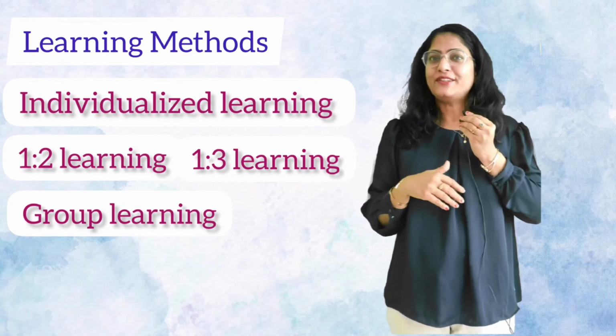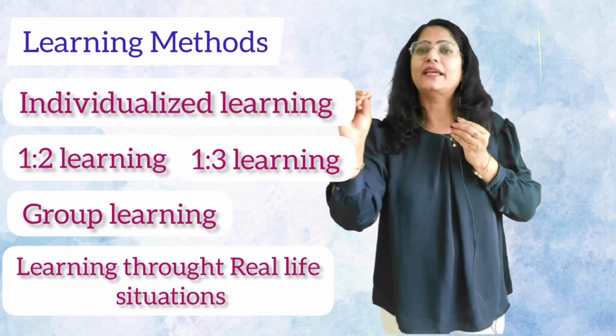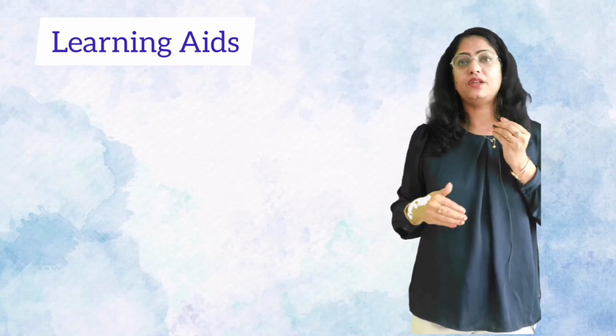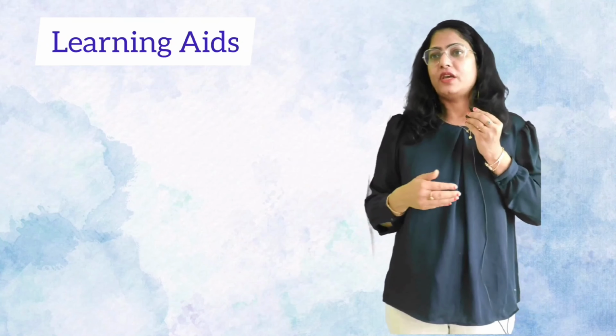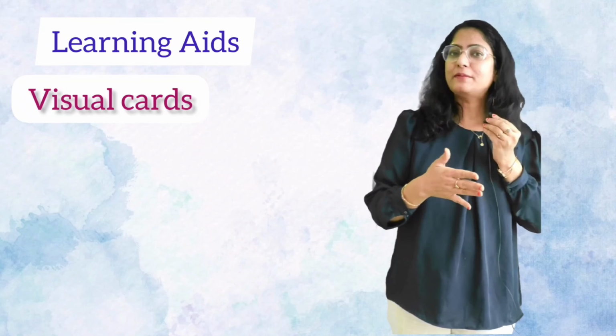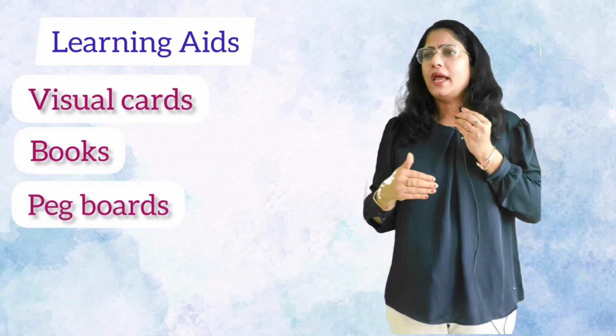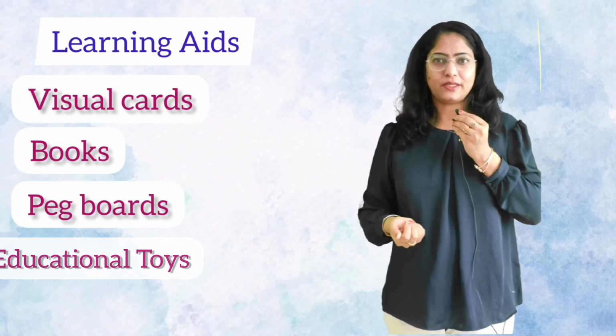We can have learning through real life situations, putting the child into real life situations. What aids can we use for learning? We can use various visual cards, easier step-by-step books, pegboards and many other educational toys.